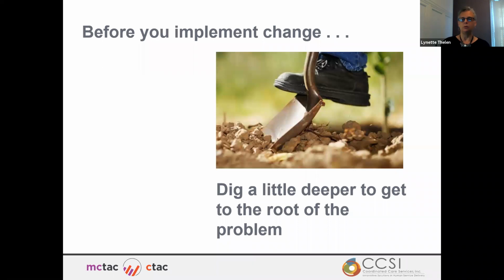So the recommendation is to take a little bit of time to do a little bit of root cause brainstorming and understand the variety of things that might be causing the challenge that you're seeing. That allows you to really work on the changes that you believe to be the most impactful to shifting your outcomes.